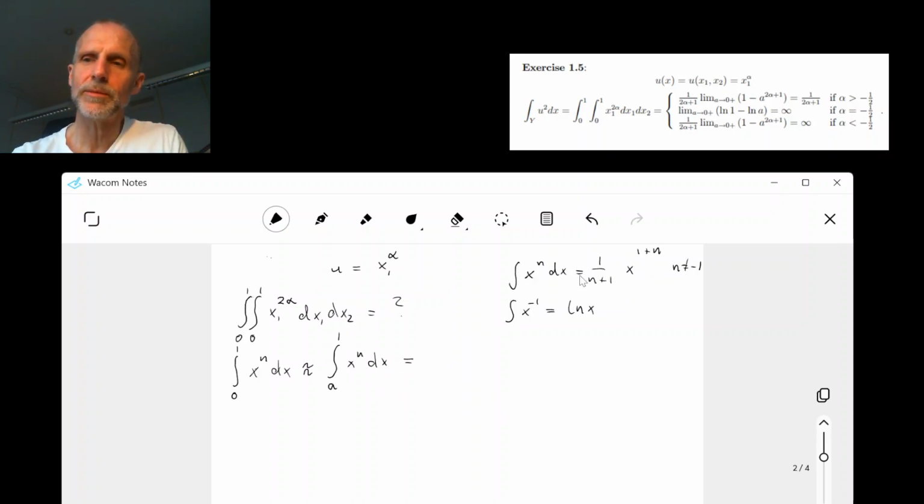When we are using these primitive functions here, we know exactly what the integral from a to 1 is. We have in fact 3 different cases. The first case is when n is different from minus 1.